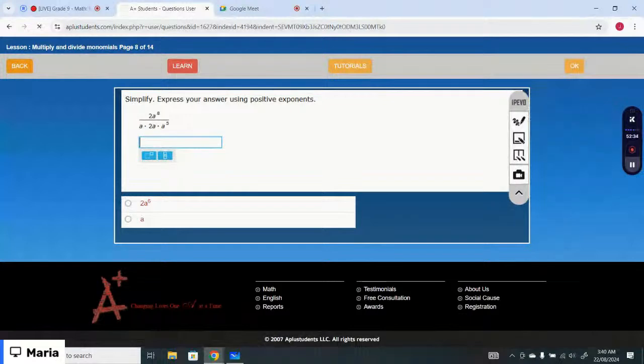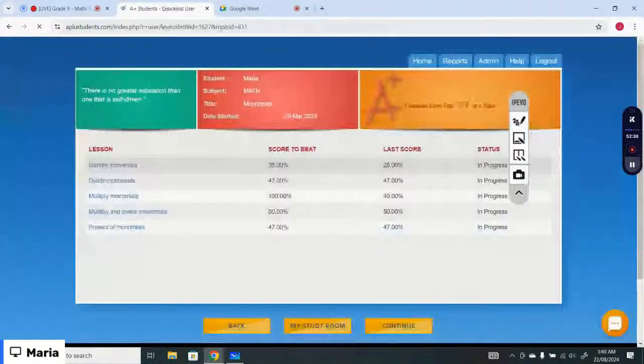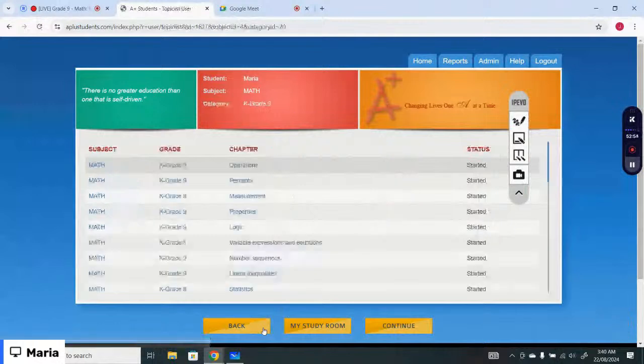So we were working on grade 9 math. The chapter we were working on is monomials. The lessons we have covered today are identify monomials, divide monomials, multiply monomials, and multiply and divide monomials. Please make sure before the next session you complete all the practice questions for the lessons we just did. That is your homework until the next session.